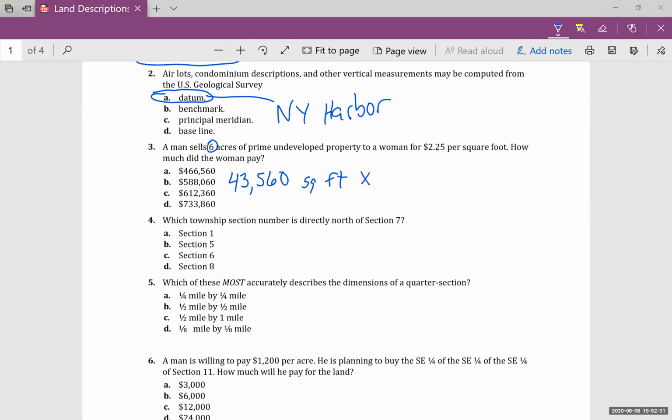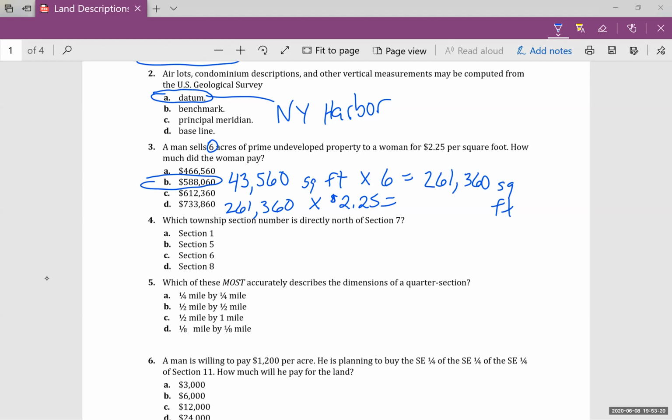So you do times 6 equals what? 261,360 square feet. And then you take the 261,360 and multiply it times what? $2.25 equals B. So does everybody get that?